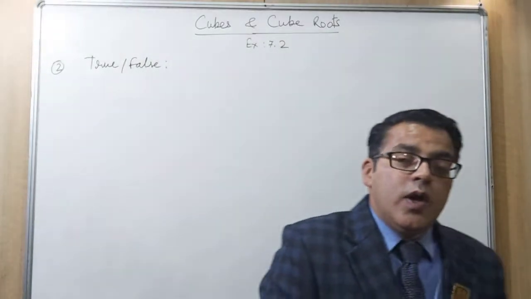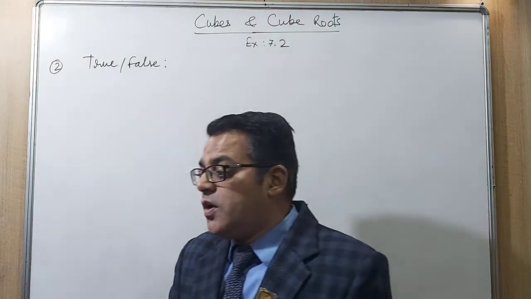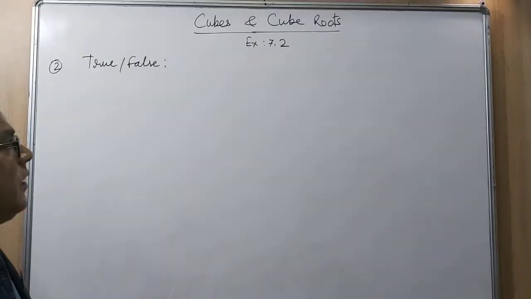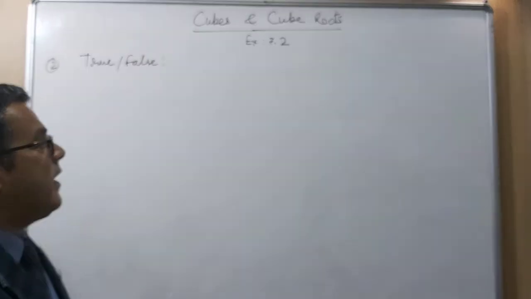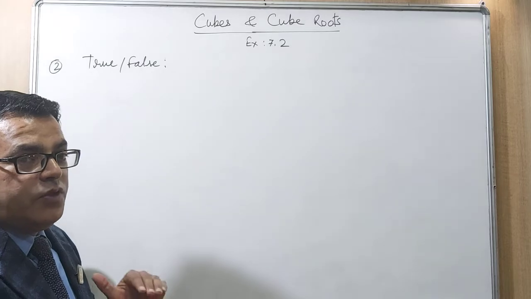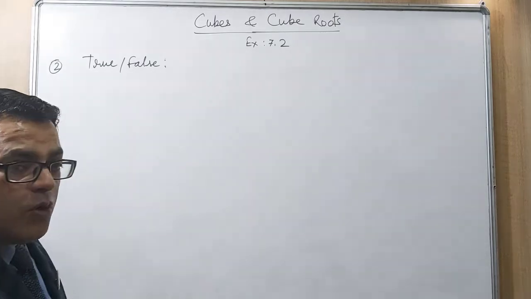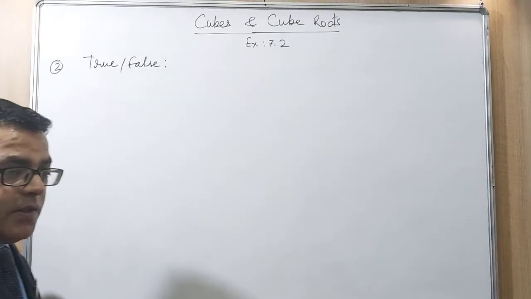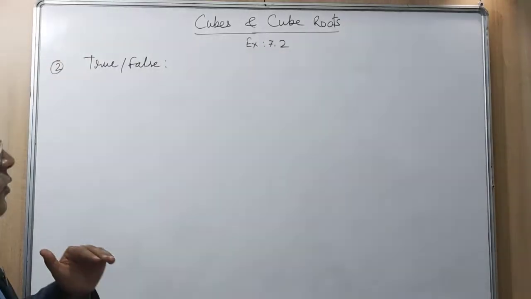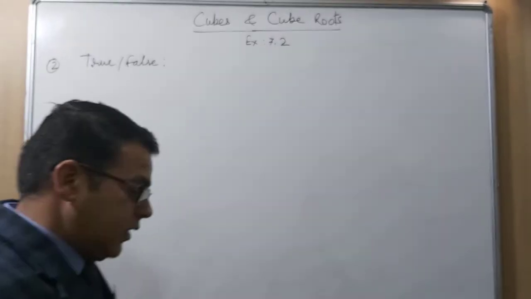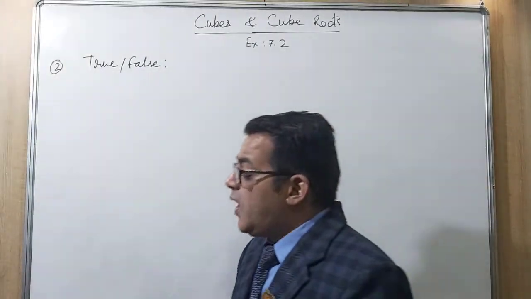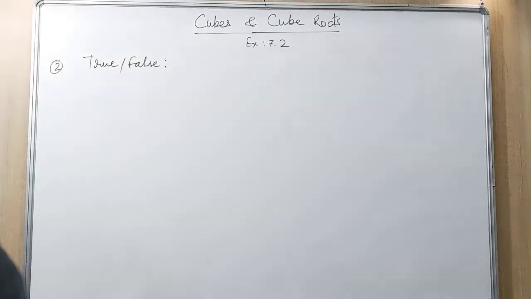Also, you have to give your justification why you are thinking that the statement is true or false. In support of your answer, you should write the justification steps there, why the statement is true or false, right?